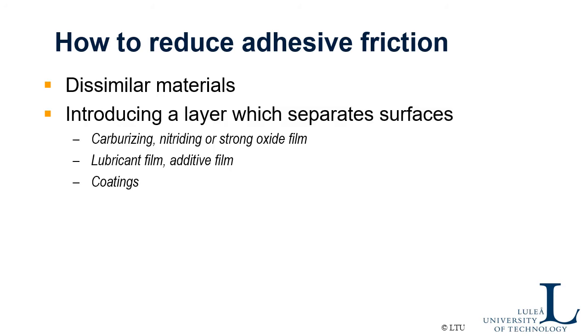You can introduce something in between to avoid that the short range forces play an important role here. That is by creating some layer, carburizing, nitriding, or oxidizing the surfaces. You can put a lubricant there, or some molecules in the lubricant. You can put a coating there made of a material that is dissimilar to the other materials.